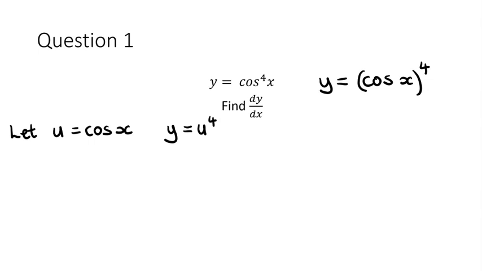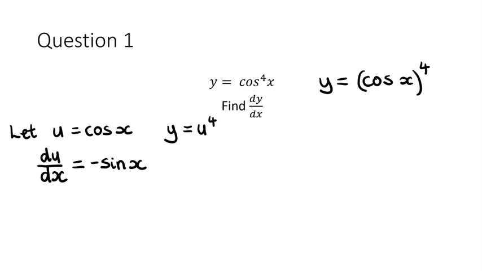Now to execute the chain rule, firstly I need to work out du by dx. So what that means is I need to differentiate u with respect to x, so differentiate this cos x. Now when I differentiate cos x, I get minus sine x.